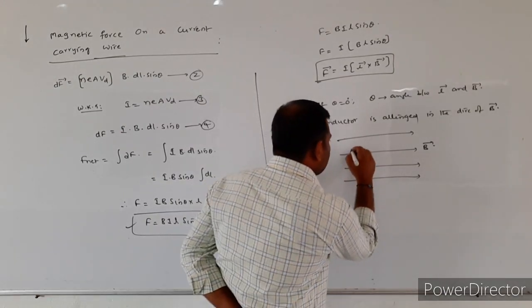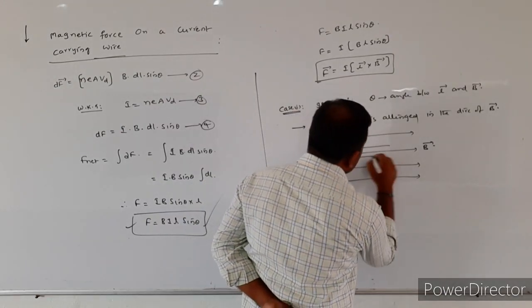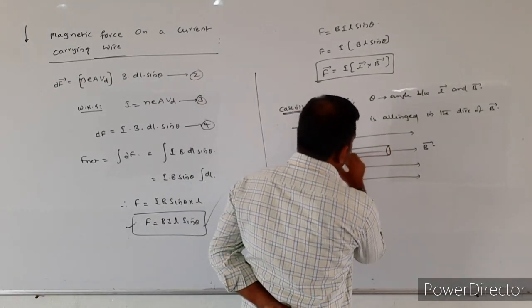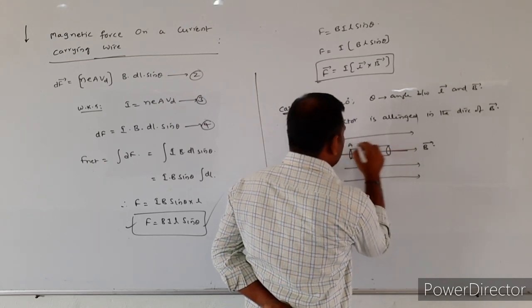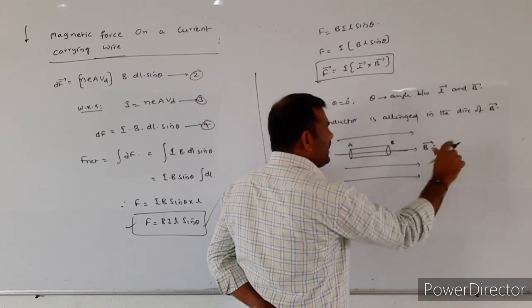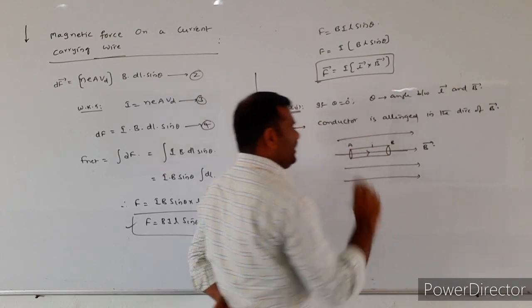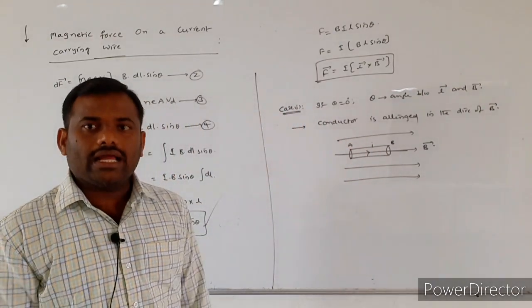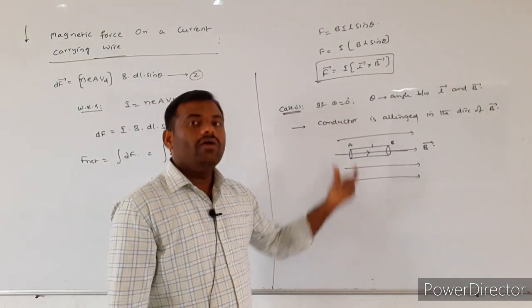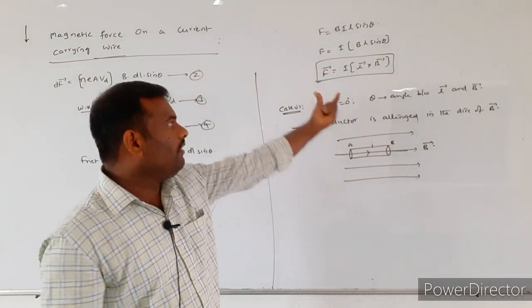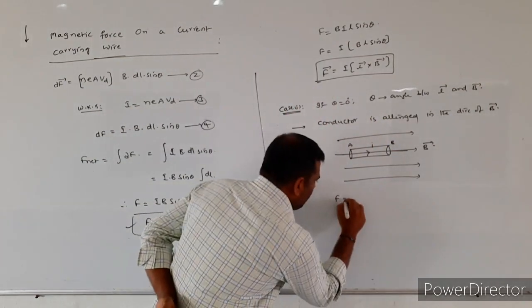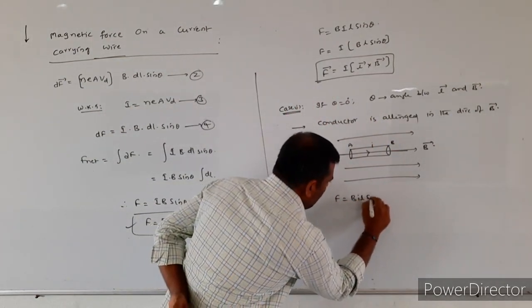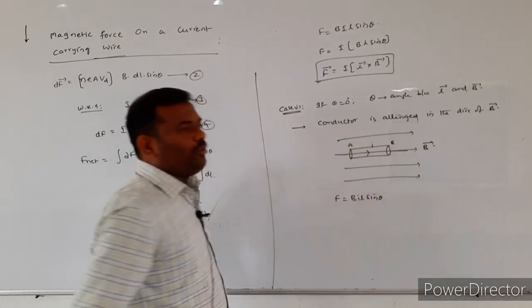So, this is the conductor. Here the conductor AB is aligned in the direction of the magnetic field. I is the current passing through the conductor. In this case, what about the force? F is equal to BIL sin theta.